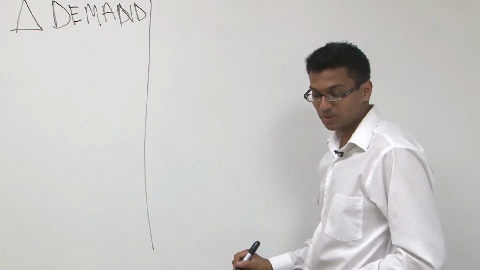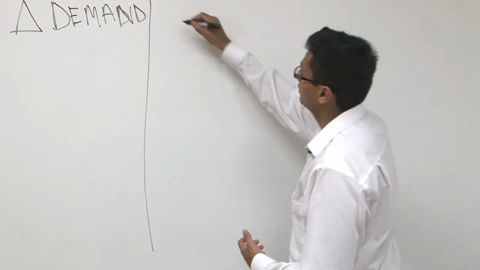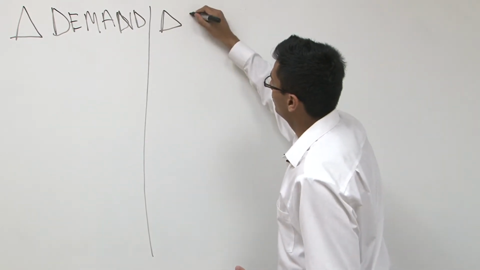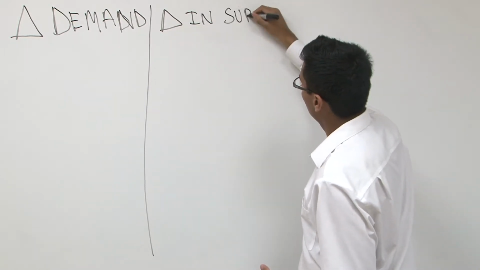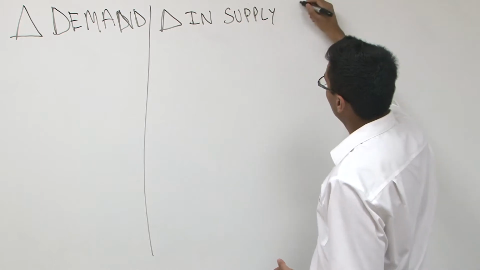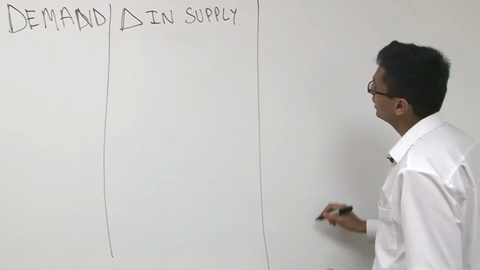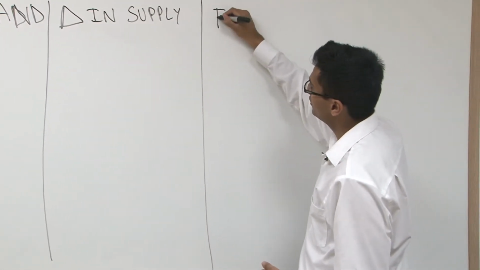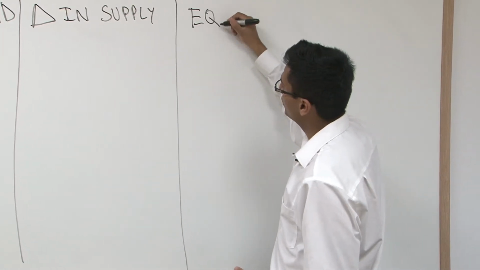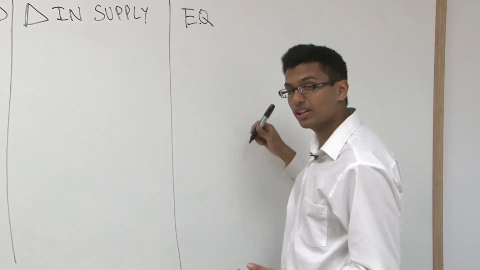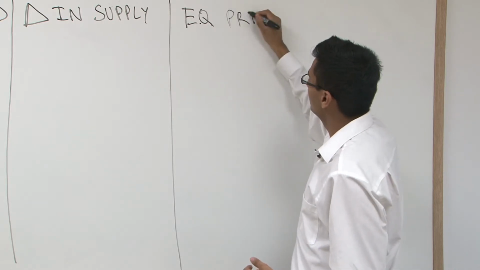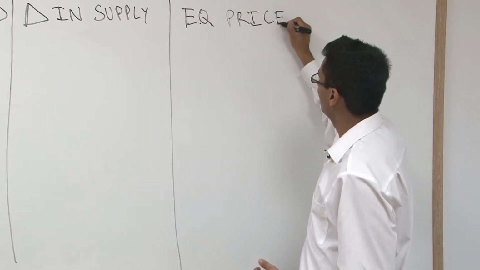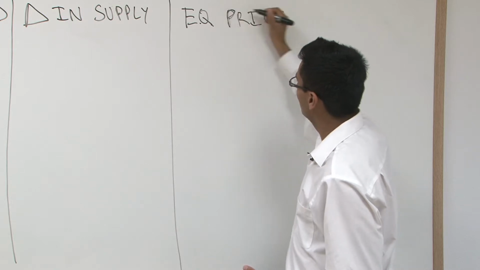The next is going to be the change in supply. Next is going to be how this affects the equilibrium, right? EQ stands for equilibrium price.